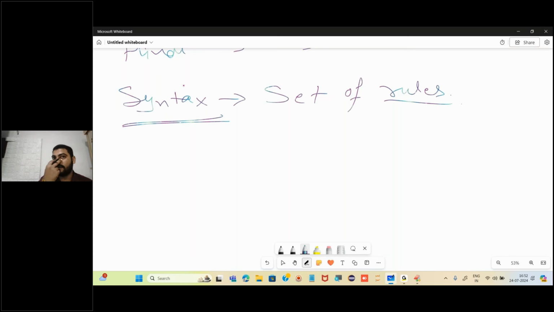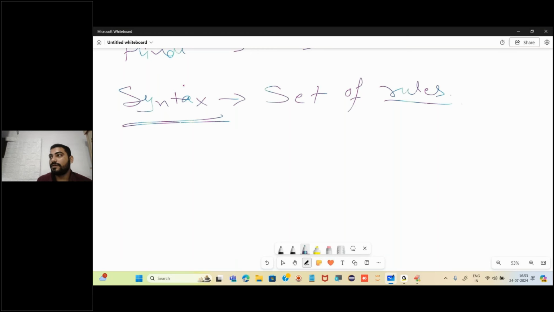Let's suppose one simple scenario. Where is our eye? Here, right? If I keep my eye behind this, will it work, or make any sense? No. Wherever the eye is, it should be there only. There is a specific place for the eye, and a specific place for the nose. If I keep my nose on this side, will it work?